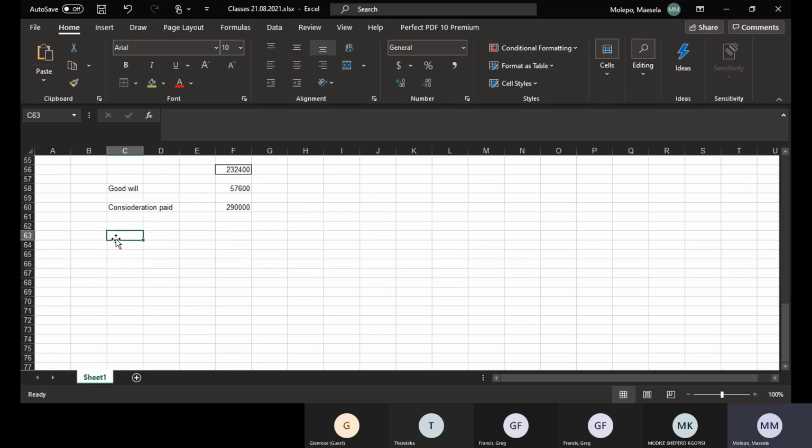Then we go further. We're gonna have our at acquisition. We're gonna have the since acquisition. So the question is we have to check since acquisition to the beginning of the current year, and since acquisition to the end of the current year. The acquisition was made on 1 July 2005. So 1 July 2005, and then the next proceedings will be from 2 July 2005 to 30 June 2006, 2007, and then 2008.